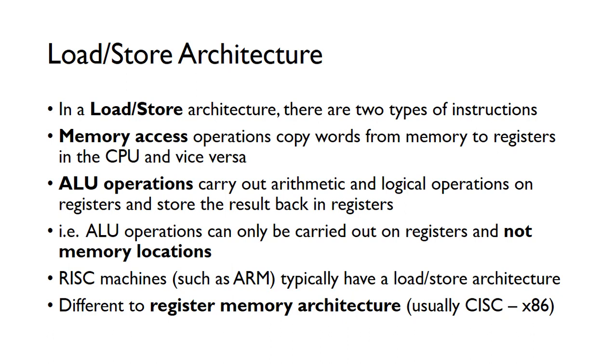This is an important point: with the load store architecture, these ALU operations can only be carried out on registers and not memory locations. You have to use the data in the registers to do the operation and store the result back in a register. You can't access RAM directly.